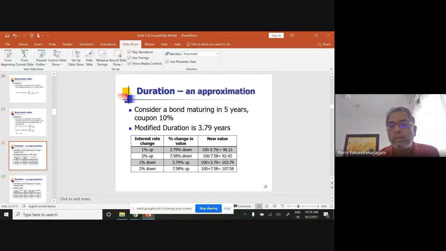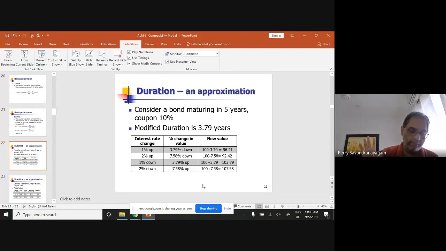The price is now 96.21 because it has gone down by 3.79% because of a 1% move, because the duration is 3.79. So think of it this way. If this is a zero coupon bond, I'm sorry to complicate it, but just to make you understand. If a zero coupon bond, right, and it's 5 years, we discussed it. There's no coupon adjustment. It's a full 5 years, correct?